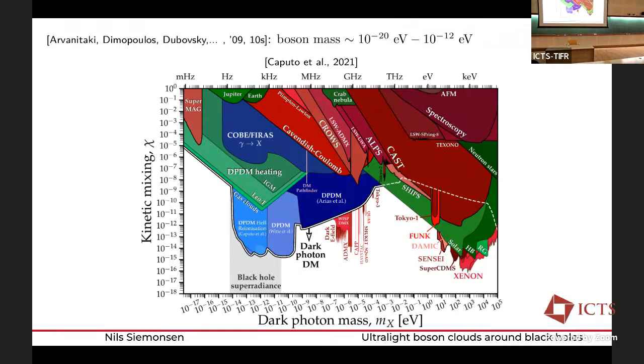Okay, and ultimately, what we're interested in with this whole superradiance game is to do something like this. Particle physicists love to look at these plots. On the y-axis, you have the kinetic mixing, or some particular coupling between these new bosons and the standard model. What the kinetic mixing is doesn't really matter; it could be a different kind of coupling.